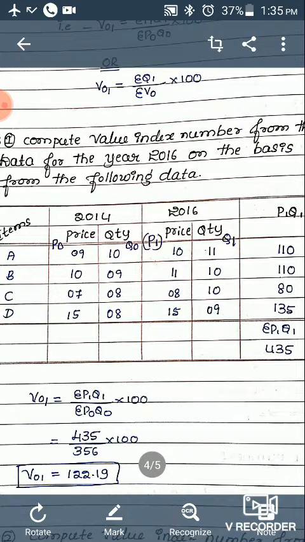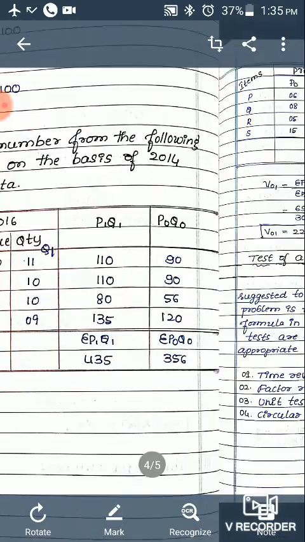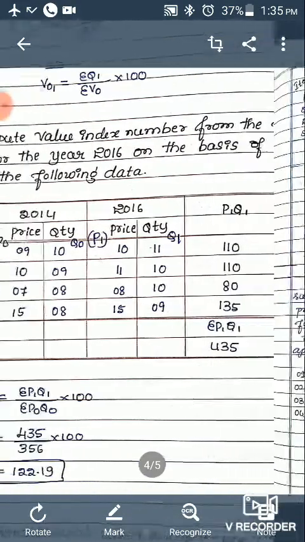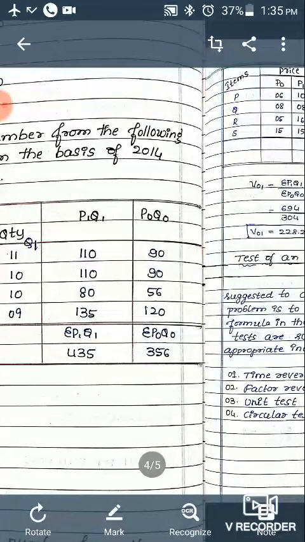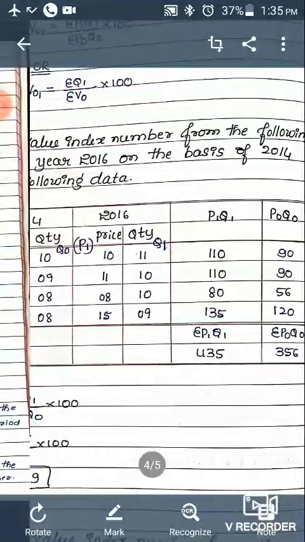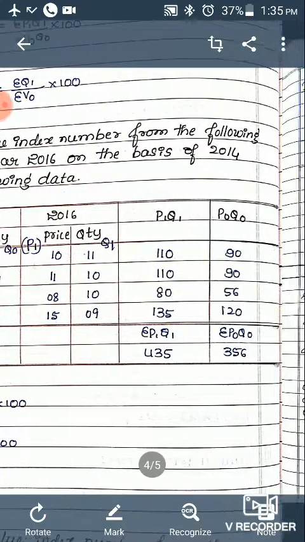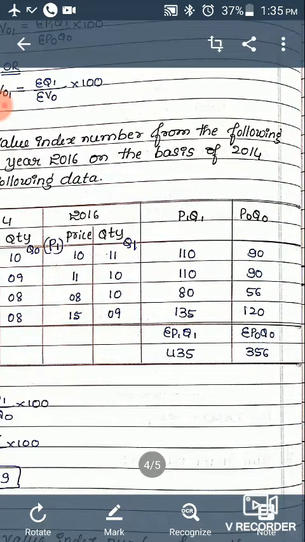So first 9 into 10, you get 90, and 10 into 9, you get 90, and 8 into 7, 56, and 8 into 15, 120. So make the total of that: sigma P0 Q0 is equal to 356.